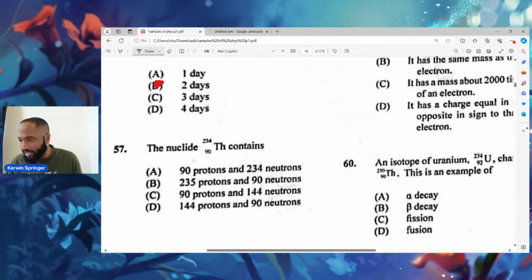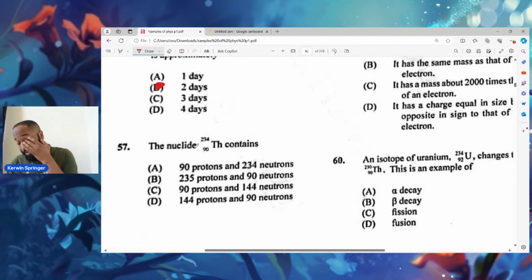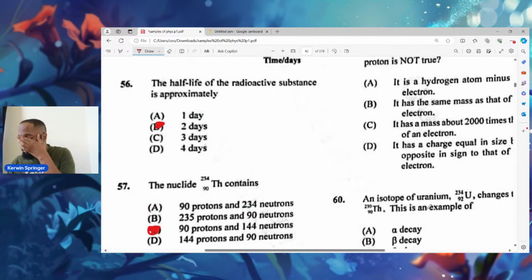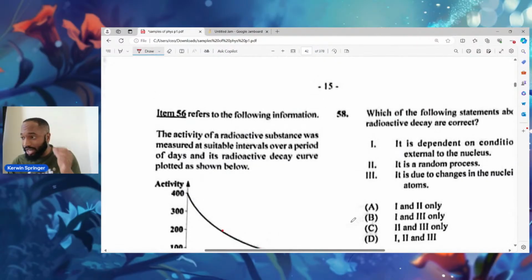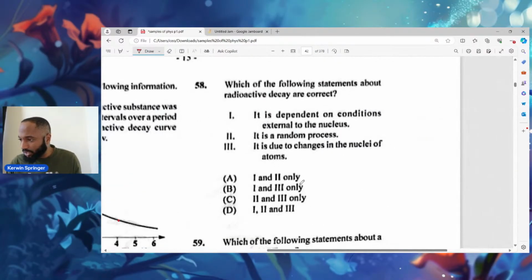The nuclide, I forget how to pronounce this word, thorium, contains 90 protons. See, I don't need to do any maths. I didn't even need to subtract. All the rest of the things just don't make sense. So you see, up to now we didn't touch the calculator, except for the one that I had to divide. But you could do that mentally too.